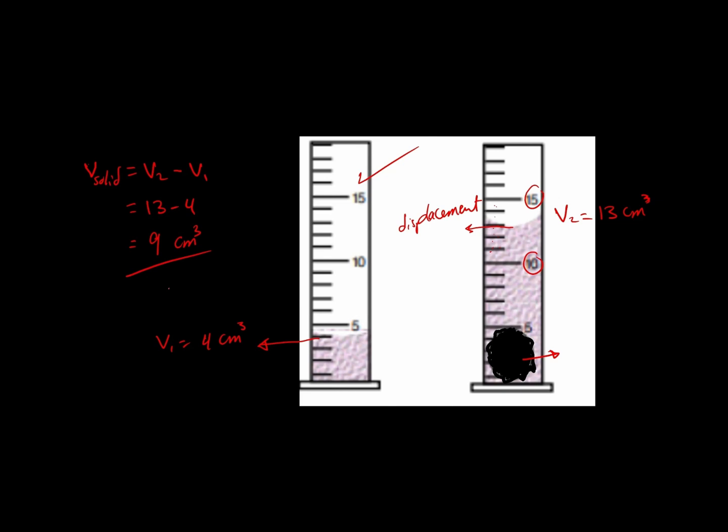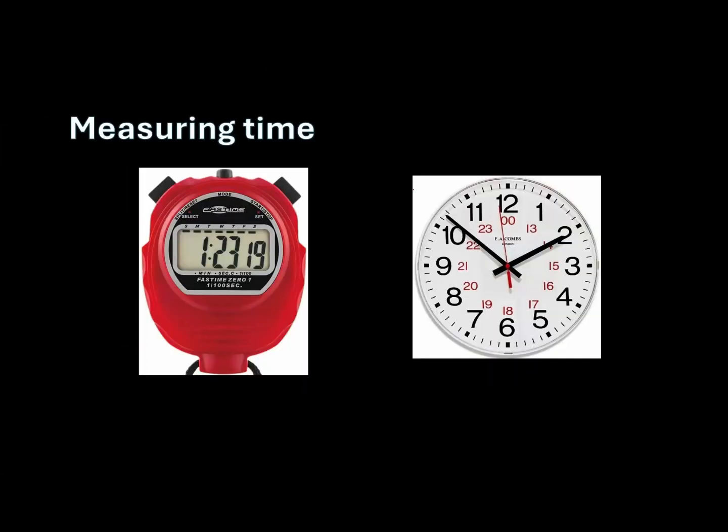Very simple. So to measure the volume, as we said, for regular shapes we use just equations to calculate the volume. But if we have a liquid or an irregular shaped solid, we use a measuring cylinder like this one.